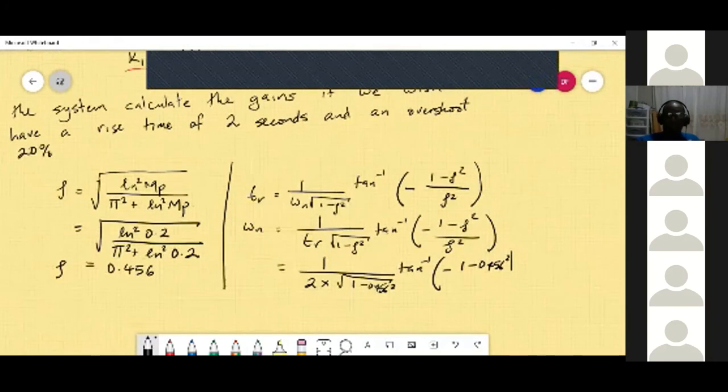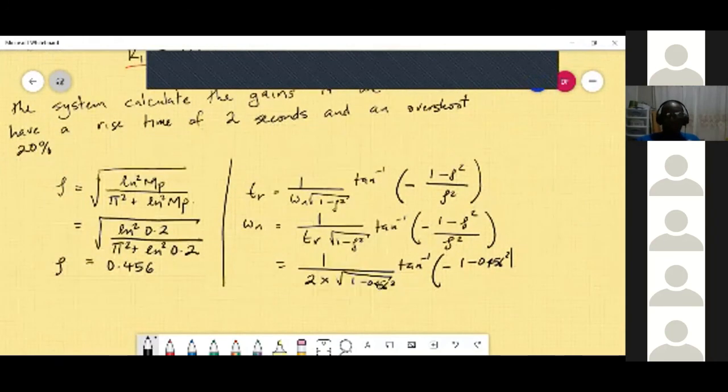Let's finish up there. All right, so this part here, what was the part before the tan inverse?